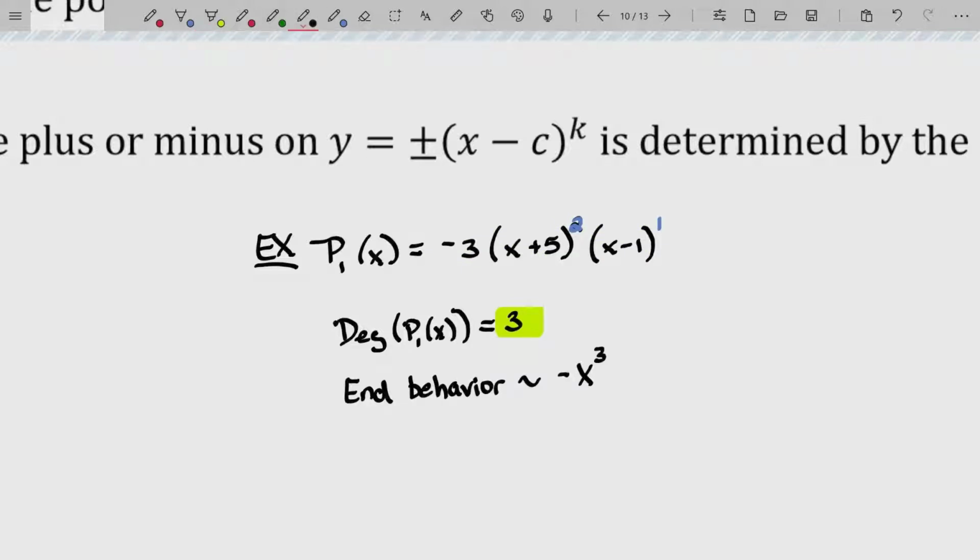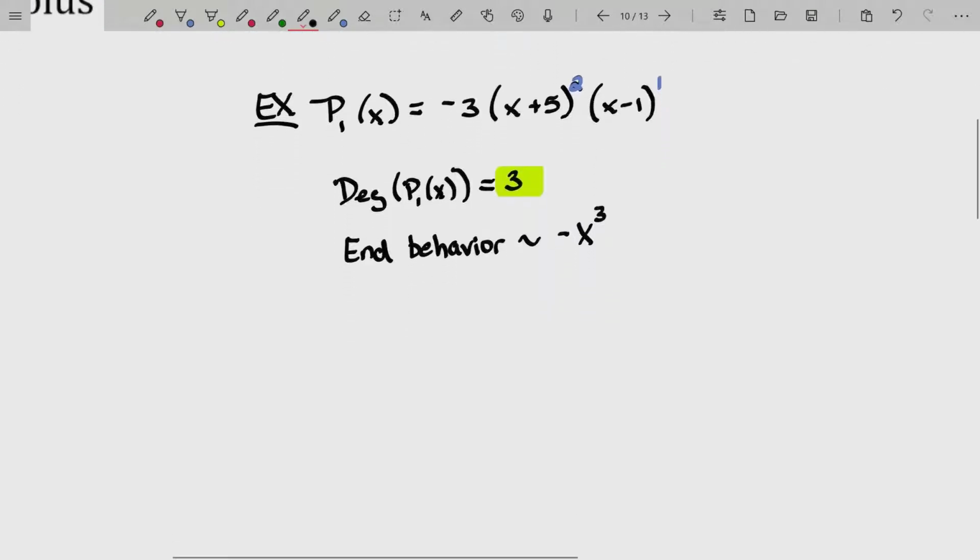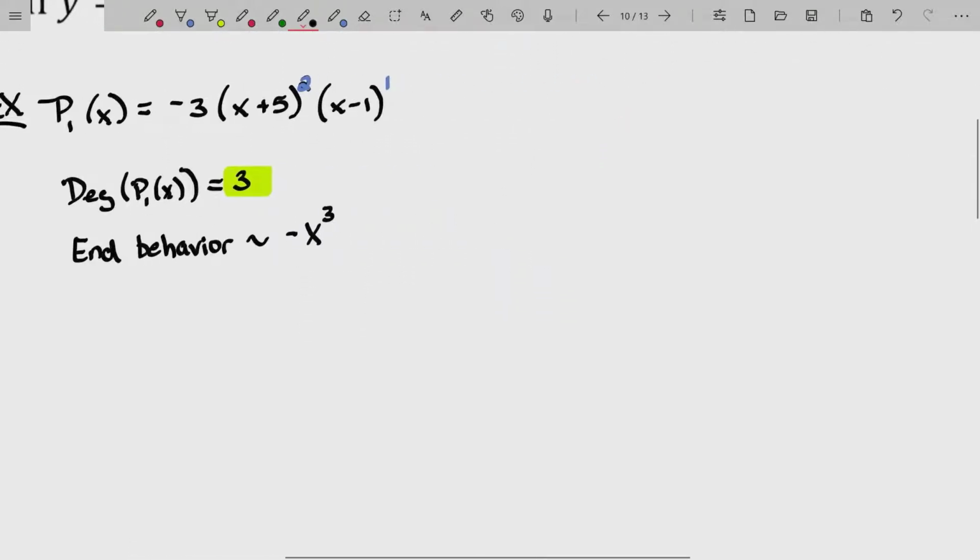And I mentioned it in the last video, but I don't really sit there and draw out x cubed. I also don't technically say, as x goes to infinity, y goes to -infinity, or whatever. I don't do anything like that. Instead, I just quickly sketch out what an upside down x cubed would look like.